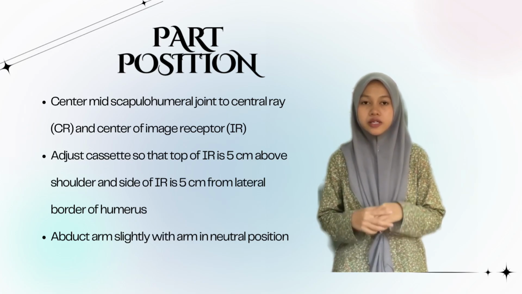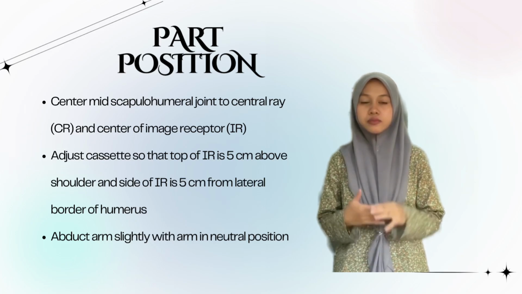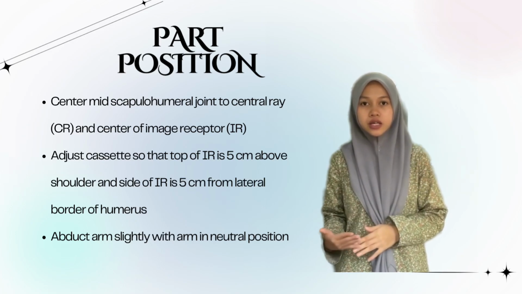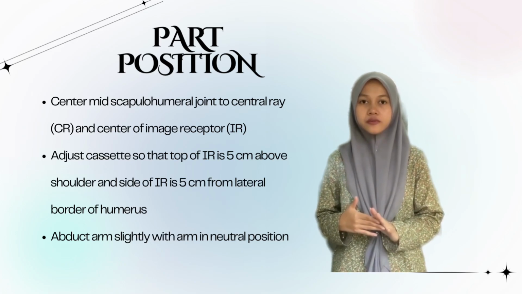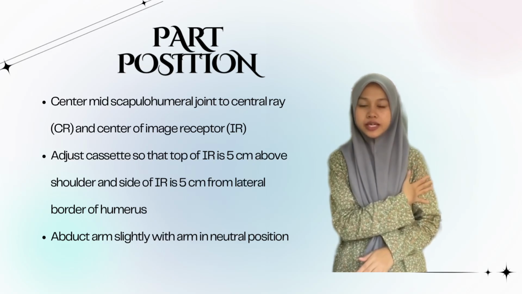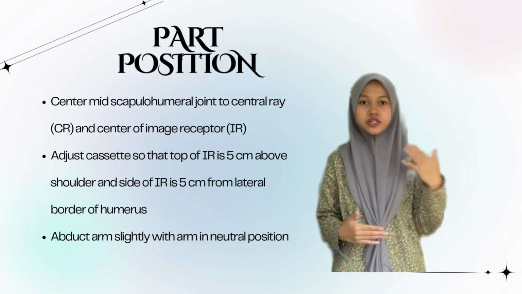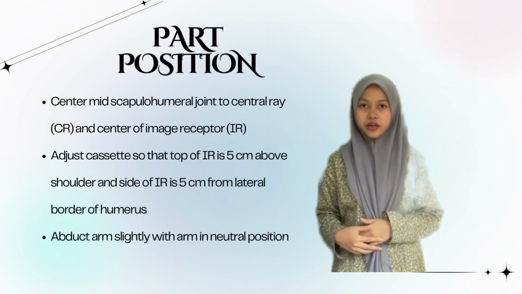The top of the image receptor should be approximately 5 cm above the shoulder and the lateral border of the image receptor should be about 5 cm from the lateral border of the humerus. This placement is to ensure that the entire joint and surrounding structures are within the imaging area.